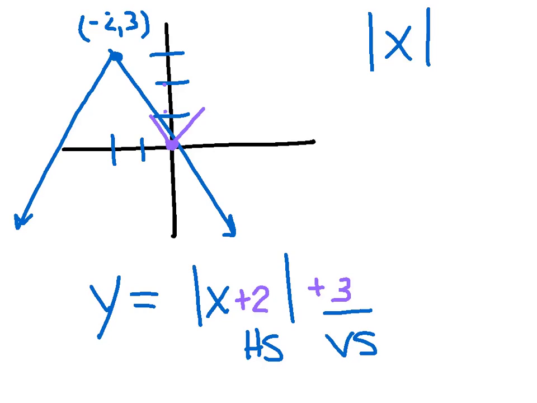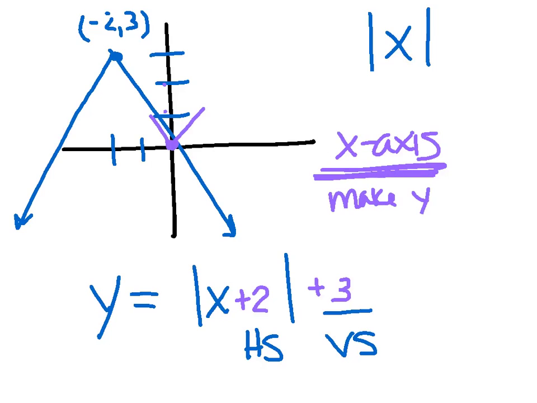Now you'll notice something else is different. This V is flipped upside down. Or you could say it's reflected over the x-axis. Okay, in order for this V to become upside down, it's flipped this way upside down. So if I reflect over the x-axis, that means I make my y negative.